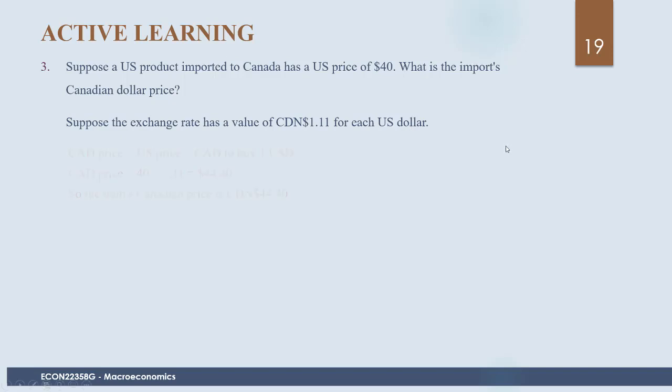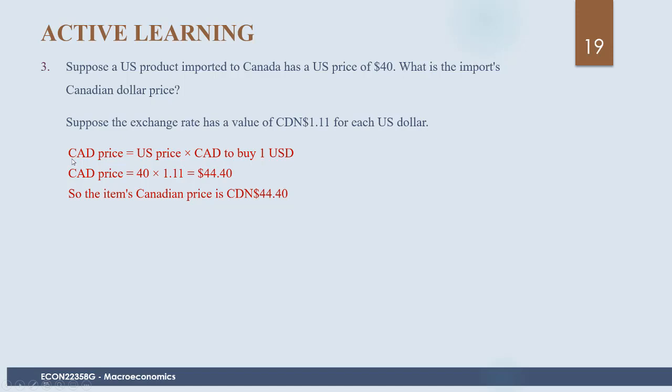Okay, I'm back. So we're given this information. The Canadian price, first of all, we know it's going to be higher because the US dollar is worth more, and it's originally quoted in US dollars. So we're just saying, how many Canadian dollars would it take to buy this thing? Well, a Canadian dollar is worth less than the US dollar, so we're going to need more.